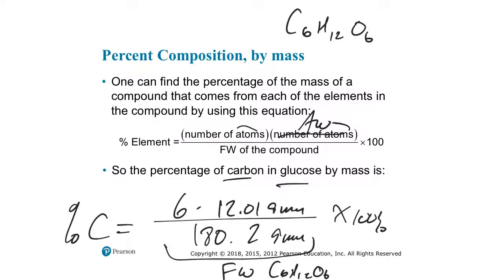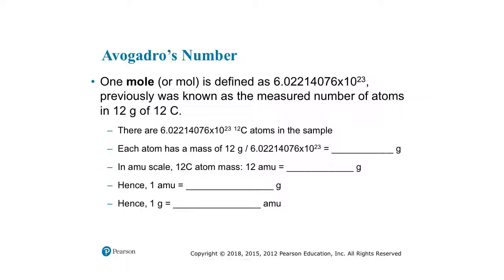That works out to 6 times 12.01 divided by 180.2, about 39.99%. So about 40% of the mass in glucose is due to the carbon atoms.